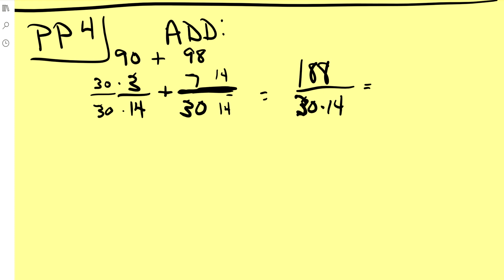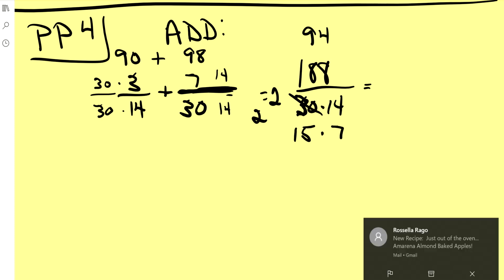All right, so what have I got here? I could say that 2 goes into 30 and 2 goes into 188. So 2 goes into 30 15 times, and 2 goes into 188. That's like saying, what's half of 188? Well, it's 94. All right, and I'm going to keep going. I've got another even number with the 14, and I could say 2 goes into 14 7 times, and 2 goes into 94.